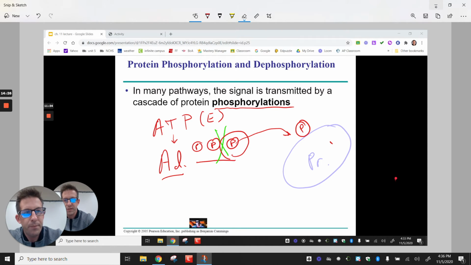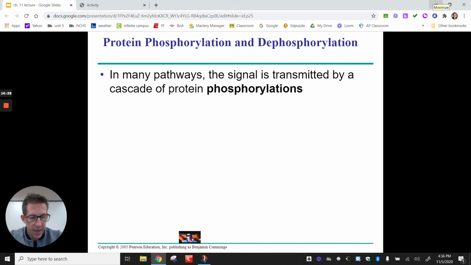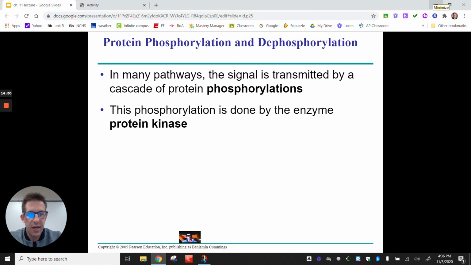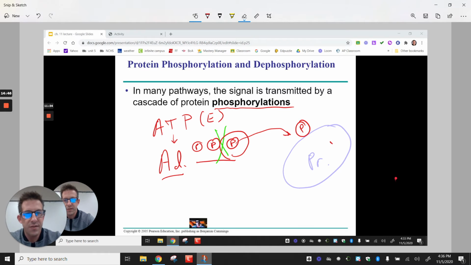All right, let me go ahead and advance this slide a little bit. The process of phosphorylation needs help, and it gets its help through an enzyme called protein kinase. The enzyme called protein kinase is vitally important.